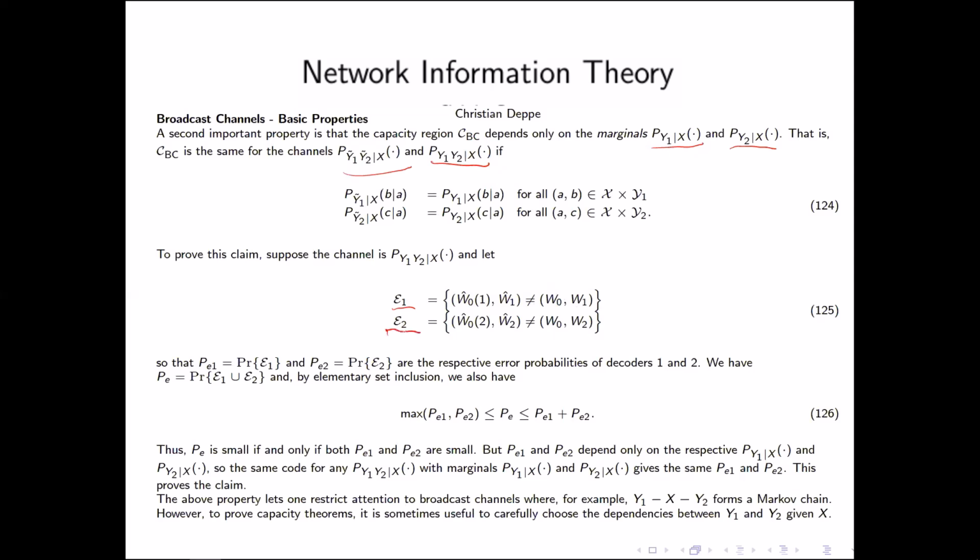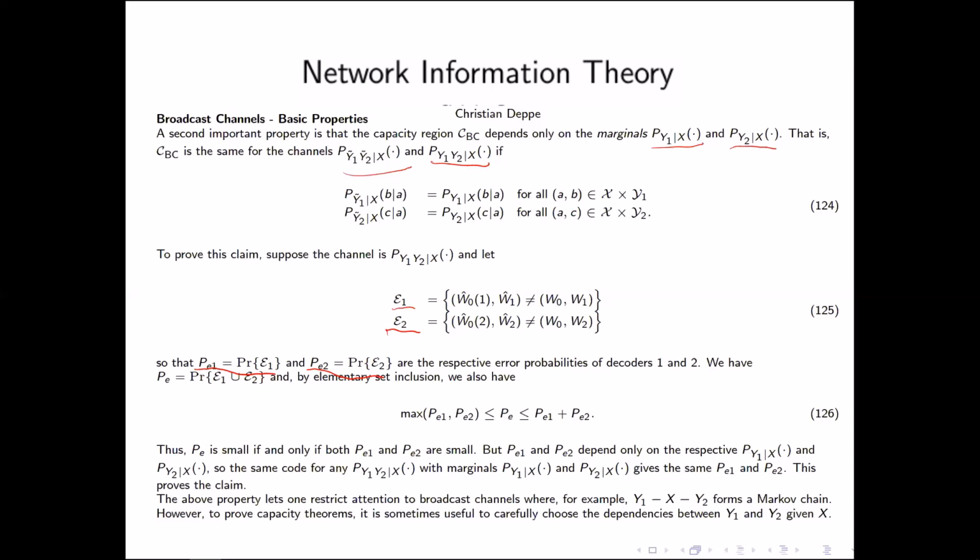In the same way we define the event E2. So we have PE1, which is the probability of event 1, and PE2, which is the probability of event 2.